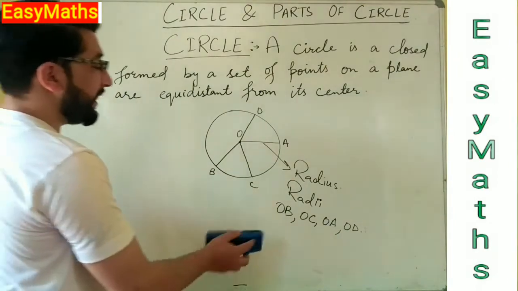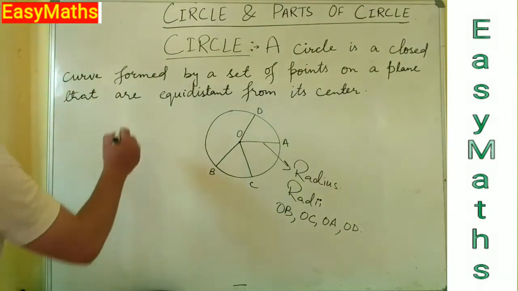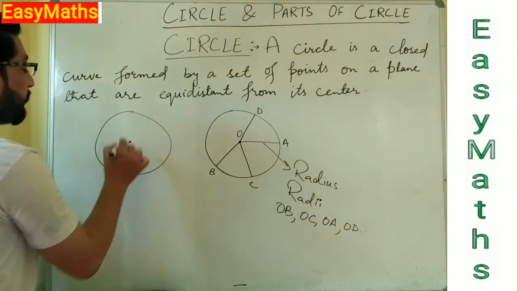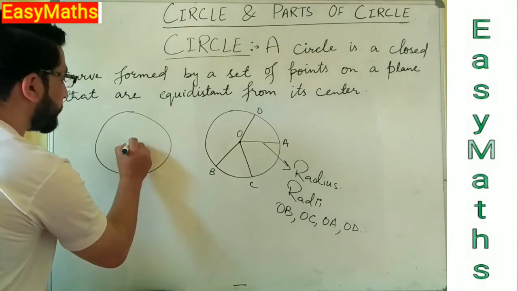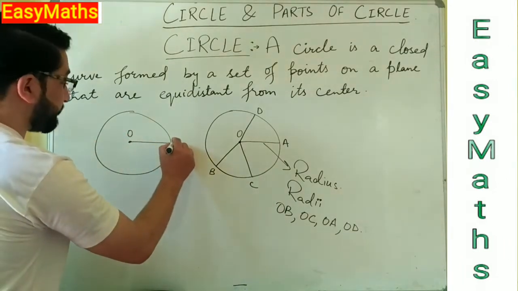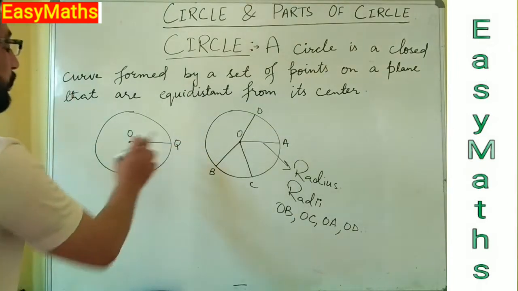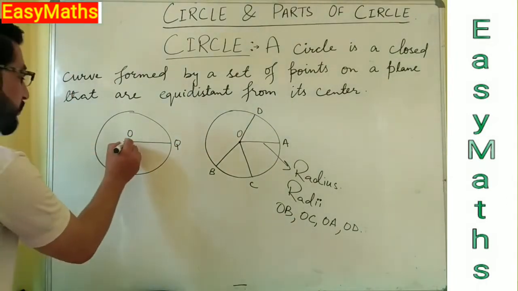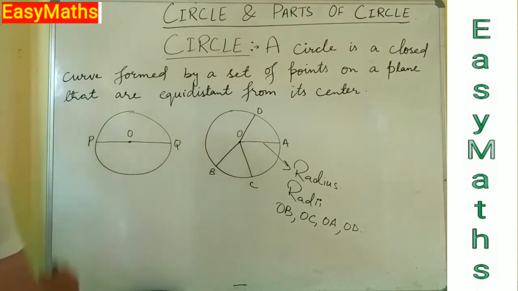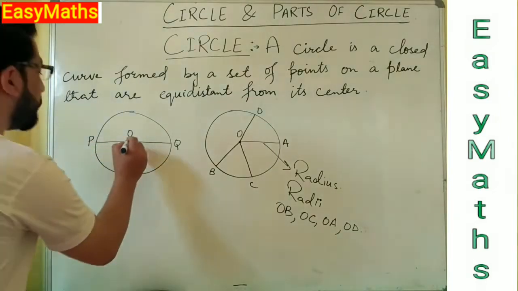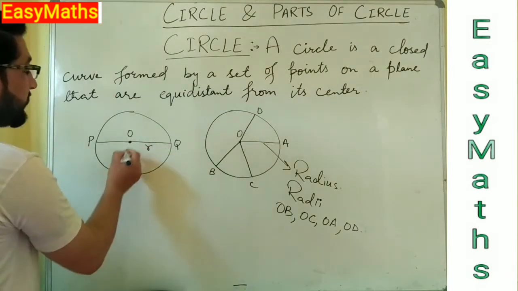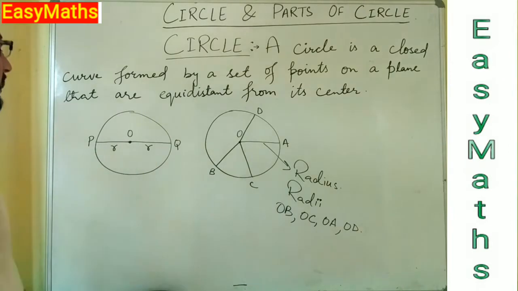Now students, there is one more line which we draw in a circle. Suppose we have a radius here. We name the center O and the end of the radius Q. So OQ is a radius here, and we draw another radius and name its end P. So OP is another radius.